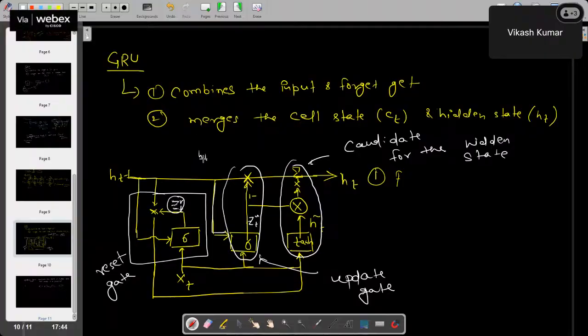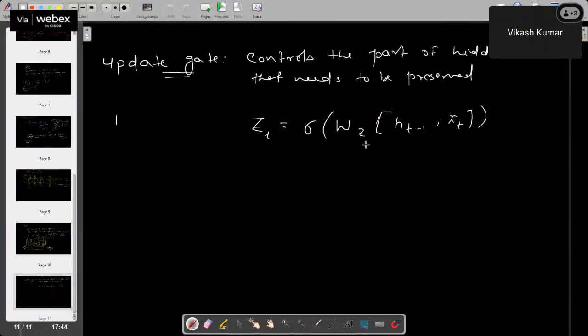This ht minus 1. What is another input? This xt. Okay, xt going through that activation function will produce that zt. Okay, so this is what I have written here.